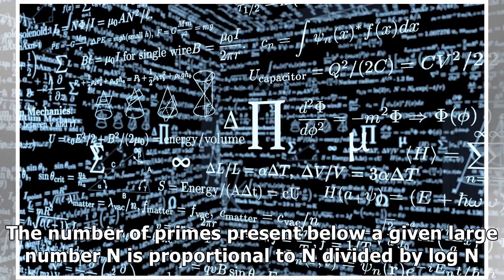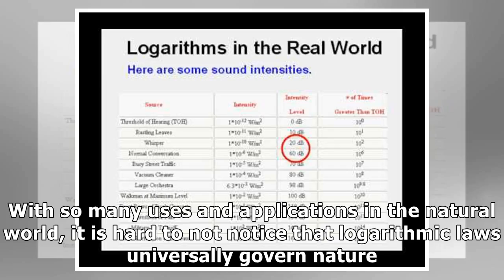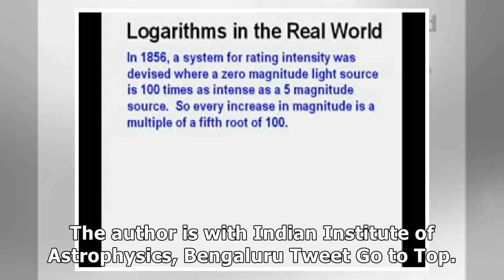The number of primes present below a given large number n is proportional to n divided by log n. Numerous examples can be given, underlying the universality of logarithms. Additionally, all our measurement scales are also based on logarithms. With so many uses and applications in the natural world, it is hard to not notice that logarithmic laws universally govern nature. The author is with the Indian Institute of Astrophysics, Bengaluru.